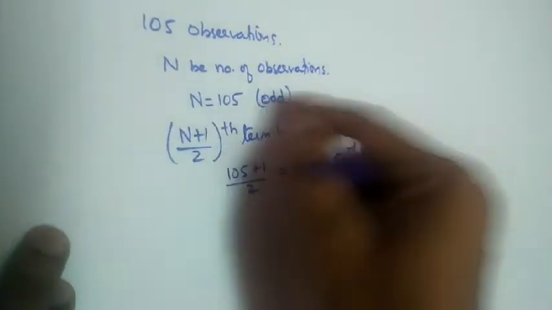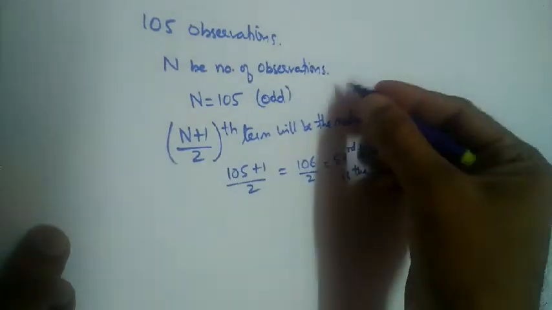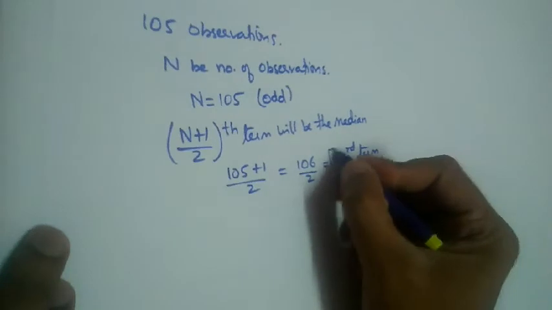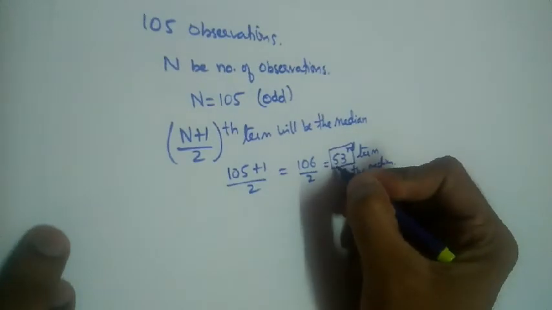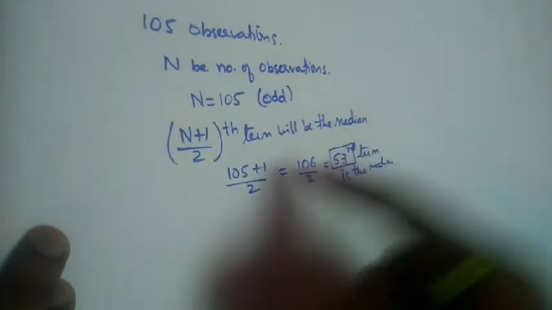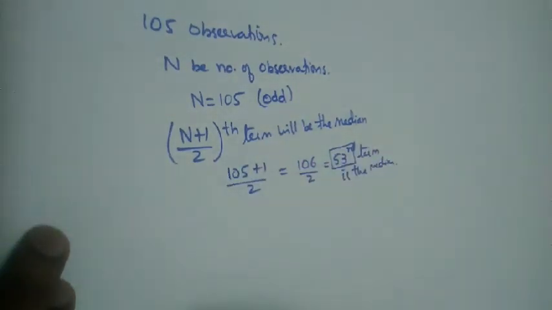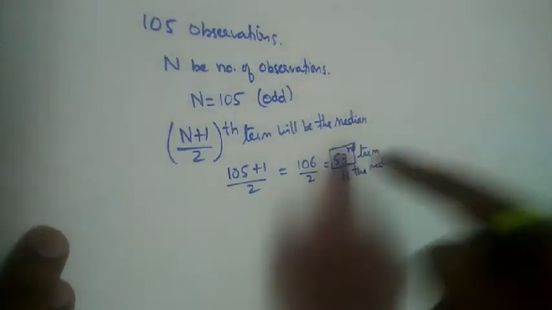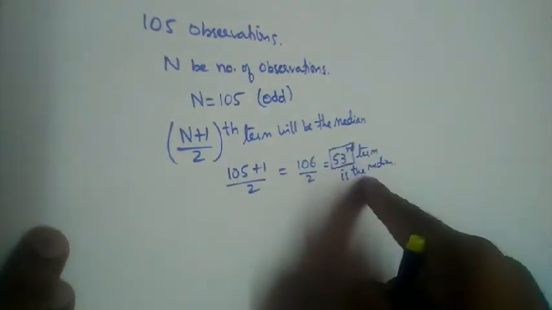You are arranging all those 105 observations in either ascending or descending order. Which number is the 53rd term? That is the median. 53 is not the median. You should be careful here. Few students in a hurry will write 53 is the median. The 53rd term is the median.